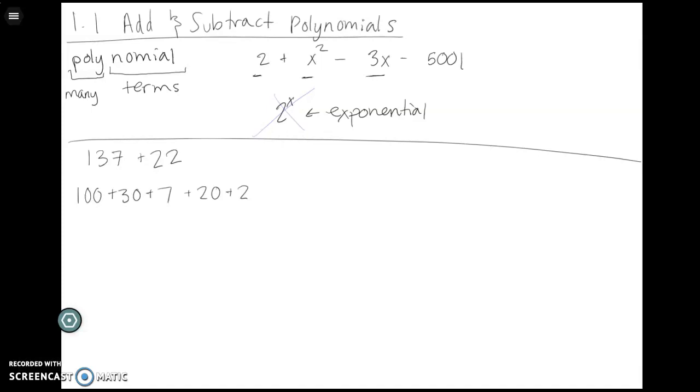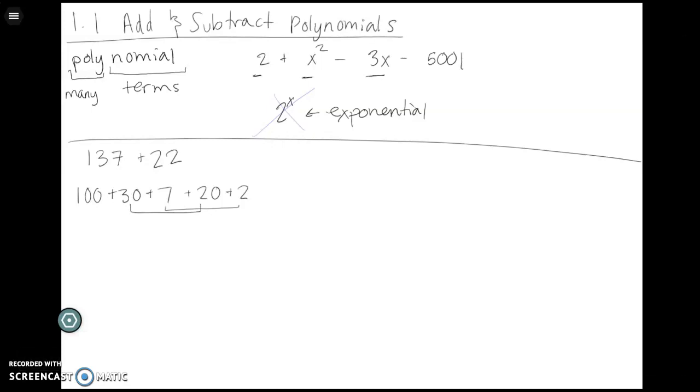If we were to add this way, then we could start looking at what's in common with some of the terms we're adding together. For example, this 7 and this 2, they both are just one number, right? They're less than 10, and they're considered in the ones place. This 30 and this 20 have something in common because they are multiples of 10.